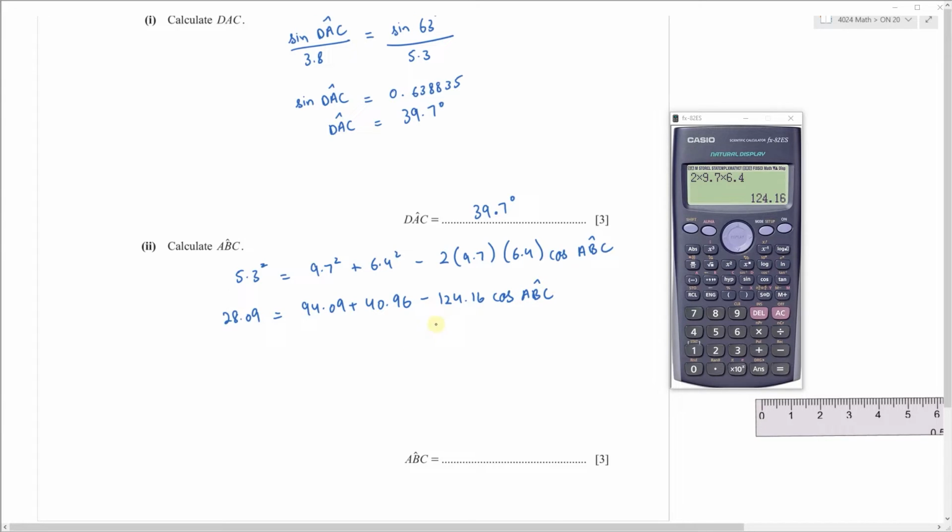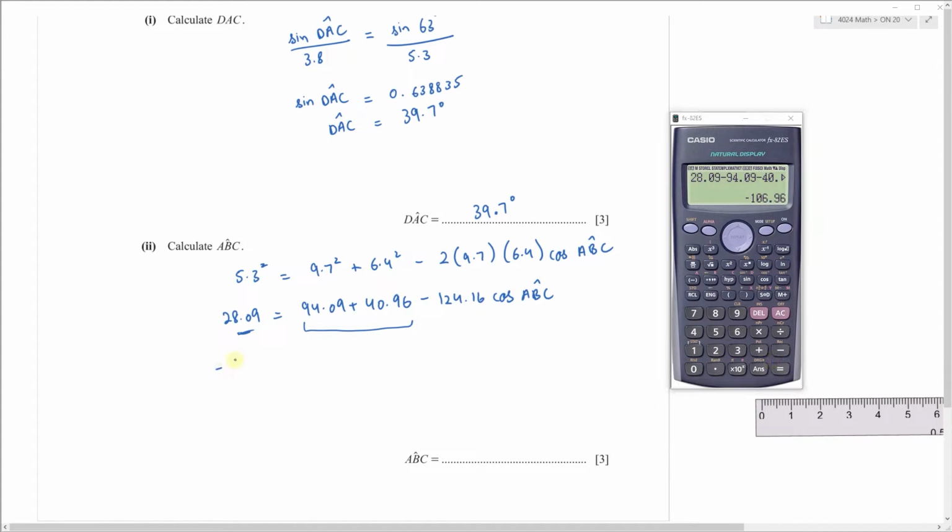So let me take these values to the other side. So these will be subtracted on the left hand side here. So I will have 28.09 minus 94.09 minus 40.96.